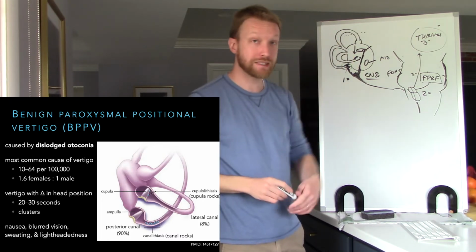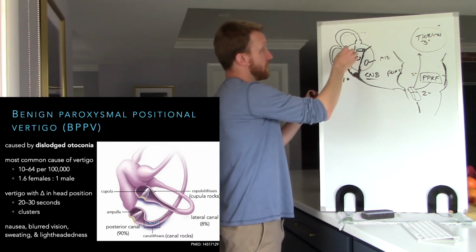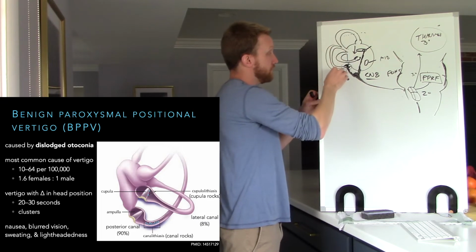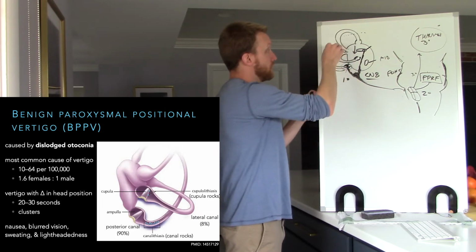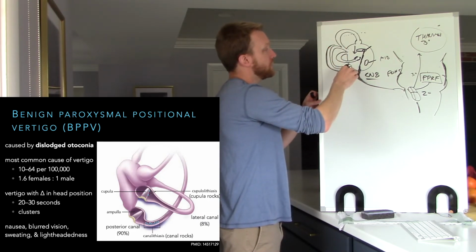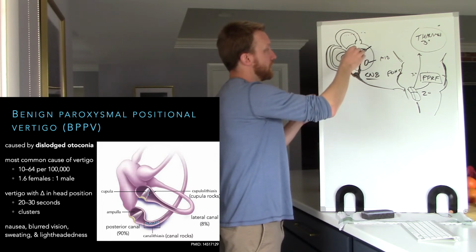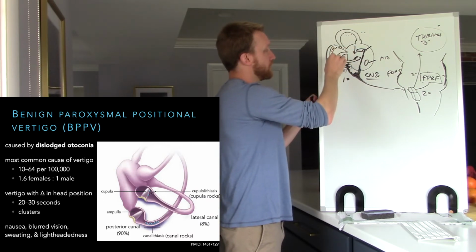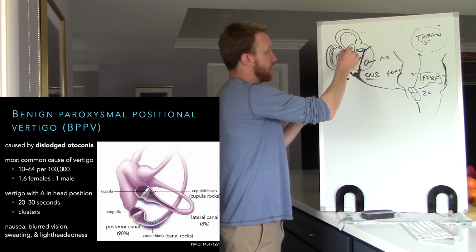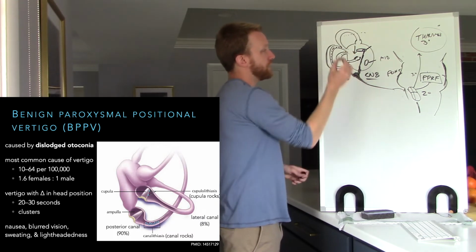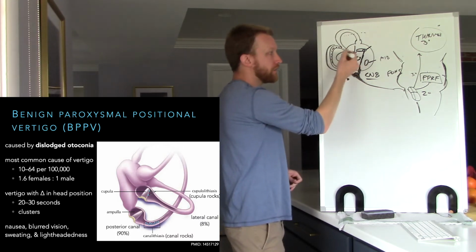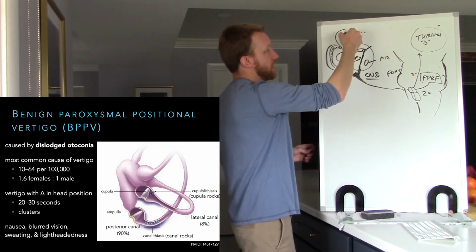Now the most common sites are going to be the posterior canal here. This is by far the most common site. And that has to do with its position there. It's a lot easier for sand to get in and fall down here than to kind of find its way in the horizontal canal. This will be maybe 10% of the cases. You don't see many in the anterior canal.